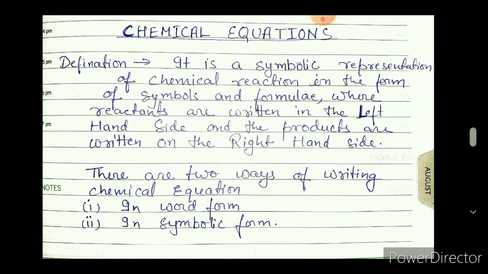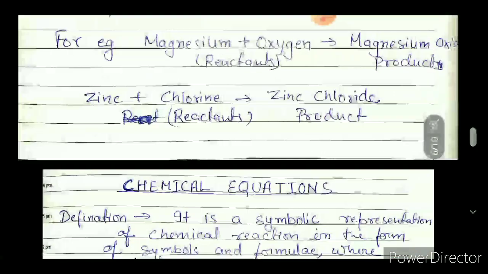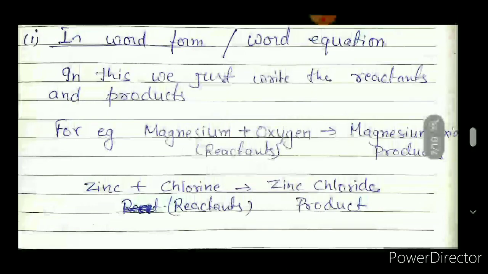There are two ways of writing the chemical equation, in word form and symbolic form. Let's discuss separately how we write the chemical equation in word form and symbolic form. In a word equation, we just write the reactants and the products like this.